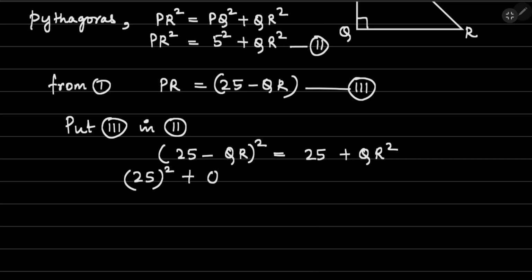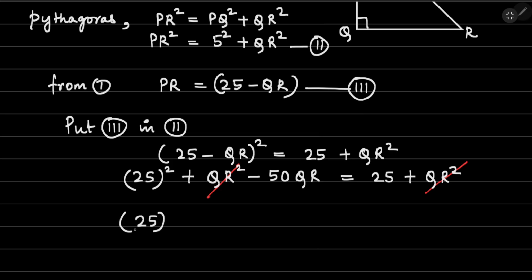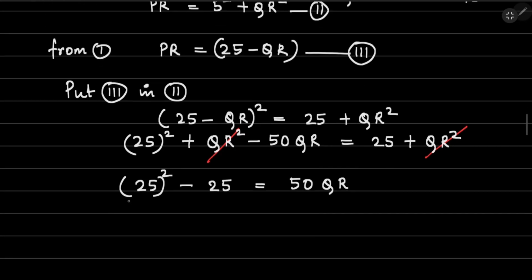So 25 square plus QR square minus 2AB, 50 QR, is equal to 25 plus QR square. This QR square will get cancelled. So 25 the whole square, let it remain as it is, minus 25, equal to, I'm going to take 50 QR to the other side. Take 25 common out. What you have inside is 25 minus 1 equal to 50 QR.